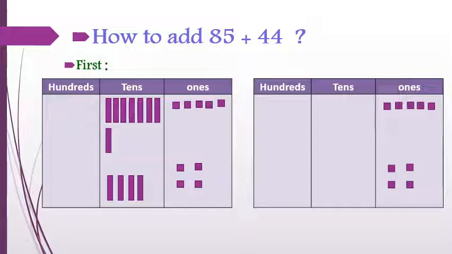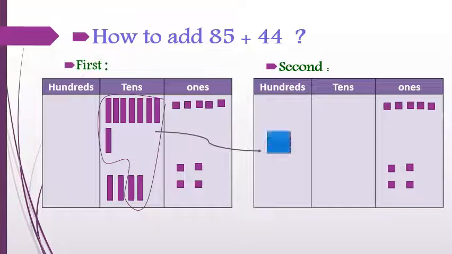Let's count. 1, 2, 3, 4, 5, 6, 7, 8, 9, 10, 11, 12. So I can regroup 10 of them to be what? To be 100. So I will exchange 10 tens to be 100.